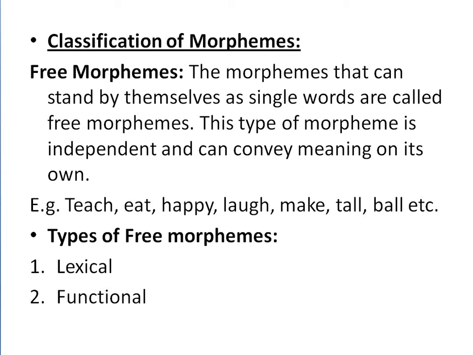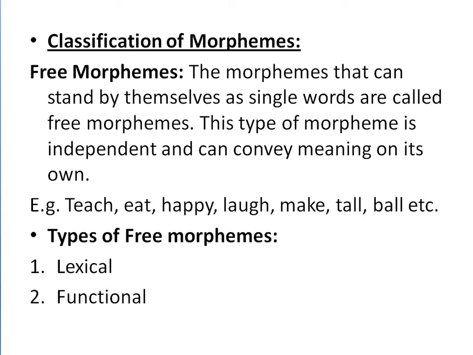So what are free morphemes? The morphemes that can stand by themselves as single words are called free morphemes. This type of morpheme is independent and can convey meaning on its own. Free morphemes are single words that do not depend on any other morpheme or word to give a proper meaning.